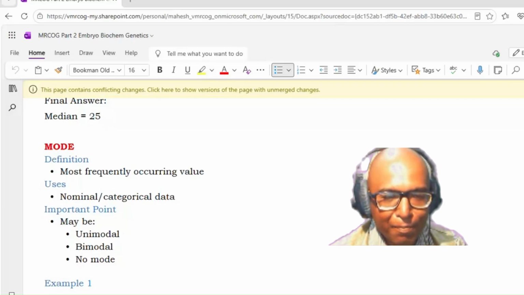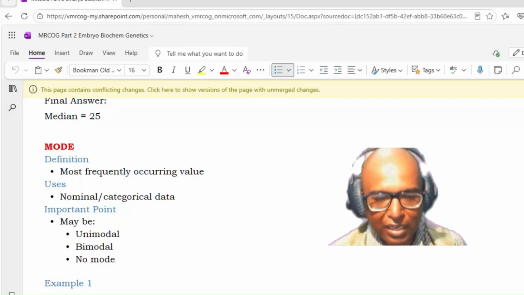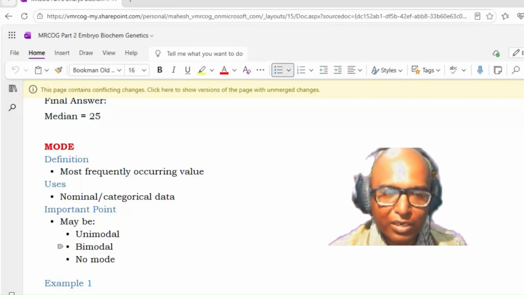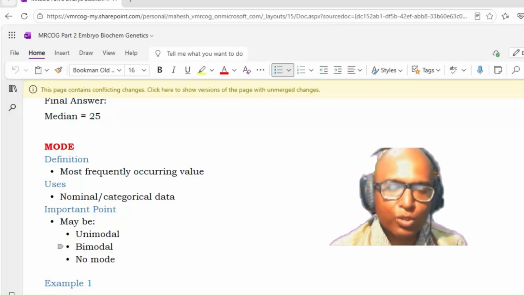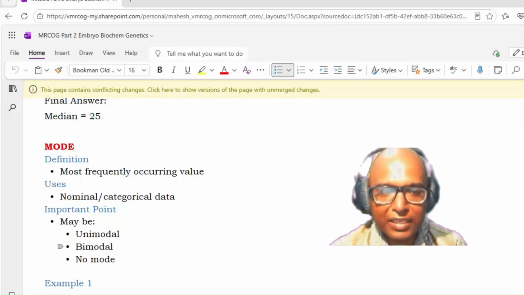This concept is very important because you may be given a data set that has no mode, and they will ask you what the mode is. So one of the options is no mode, or your data set may have 2 modes, so it may be bimodal. Then don't just look at the highest or the lowest frequency value. You have to write both values as bimodal.